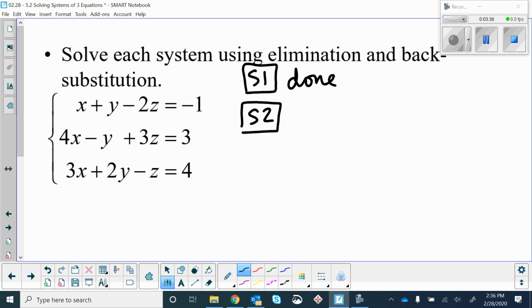It does not matter which one you choose to eliminate. As long as your math is good, you will have the right answer and the same answer as anybody else, even if they chose a different variable. The variable I'm going to choose for this one is y. I'm just going to make a note about that, that we're going to eliminate y.